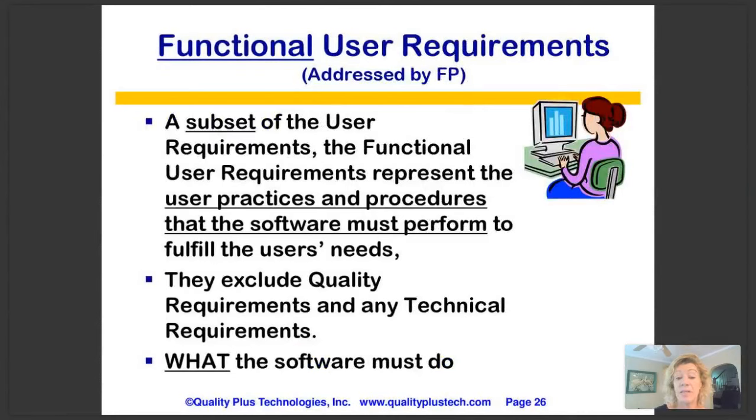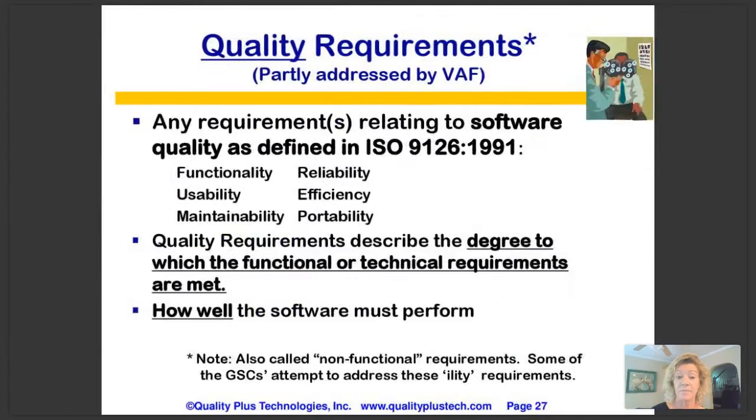Functional user requirements, this will be on the exam probably in part 1. It's a subset of our user requirements. It's the user practices and procedures that the software must do. Does not include quality requirements, does not include technical requirements. It's what the software does. That's what we count in function points. Quality requirements, those are our value adjustment factor. That's how good does it have to be? How fast? How good?